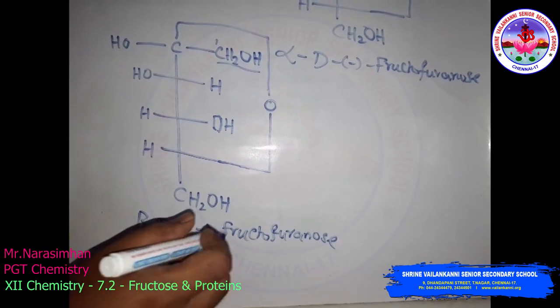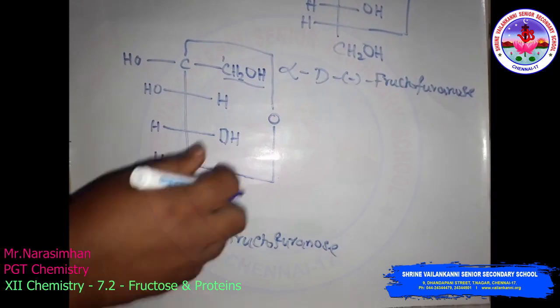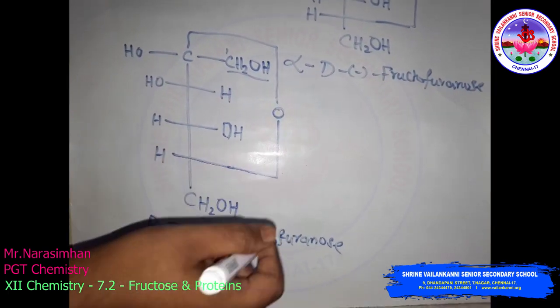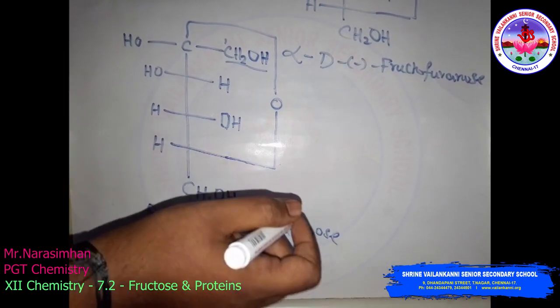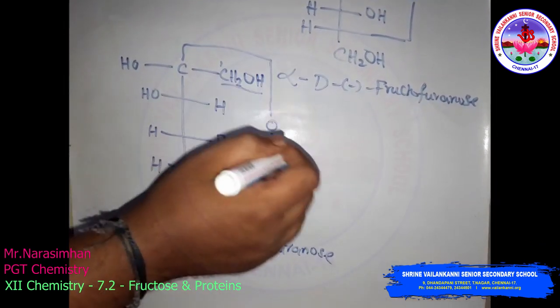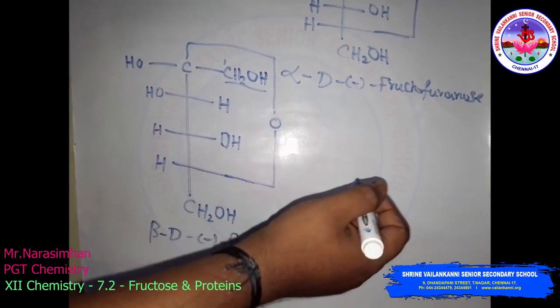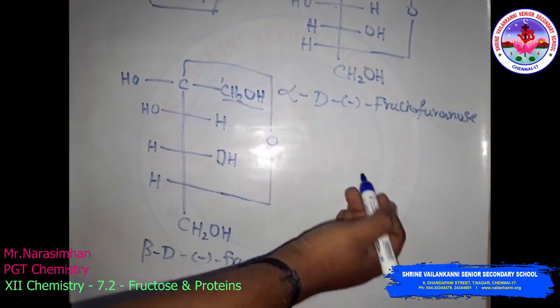So we can write the cyclic structure of the two anomers of fructose in Haworth structure. We already wrote the Haworth structure for glucose, glucopyranose. Here also, for fructofuranose, we can write the alpha form and the beta form.